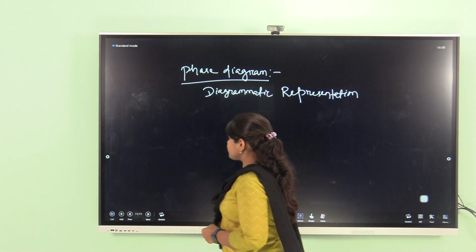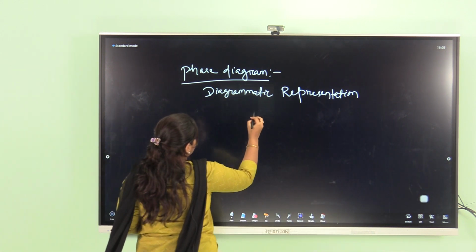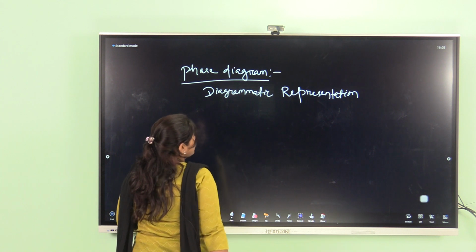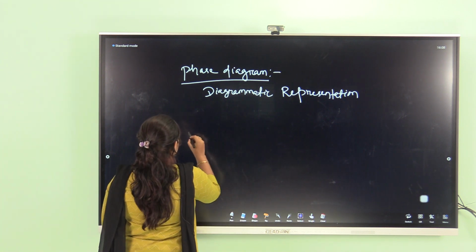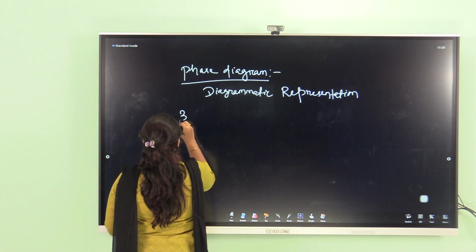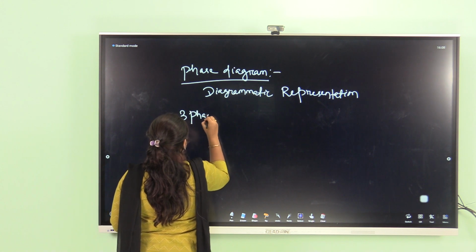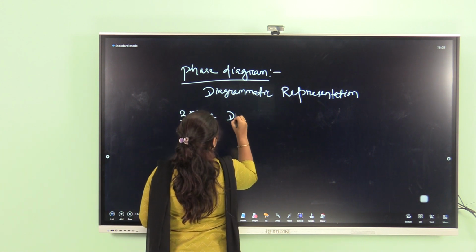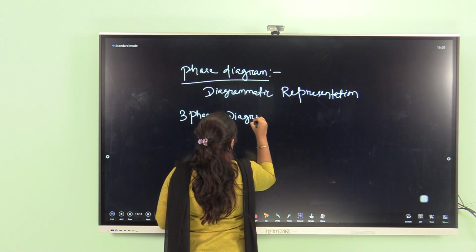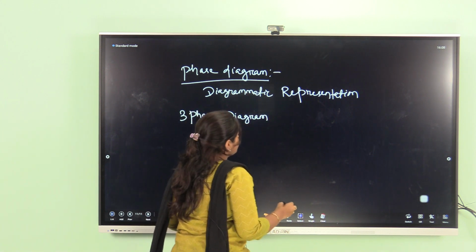Phase diagram is of two types. First one is the 3-phase diagram and the 2-phase diagram.